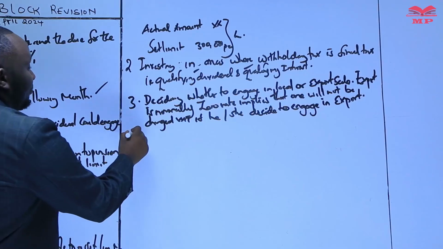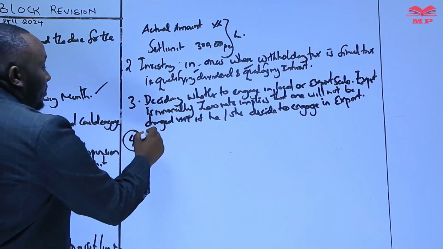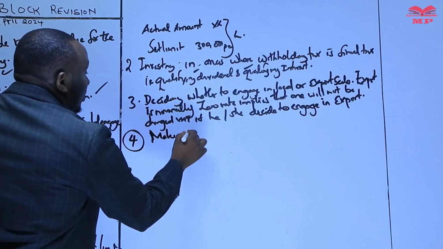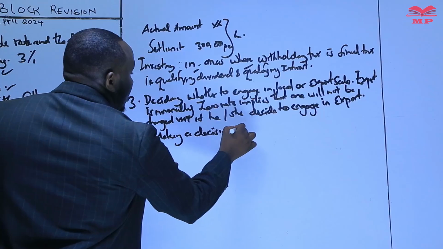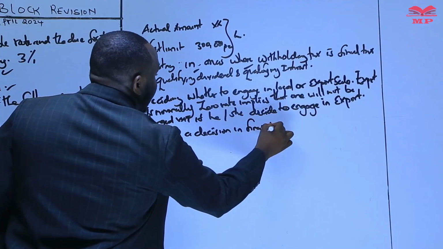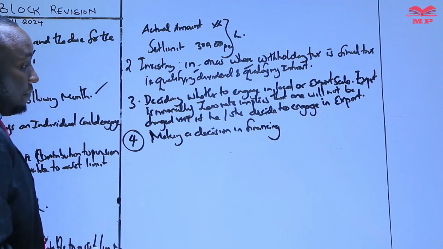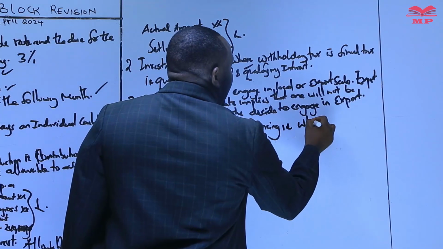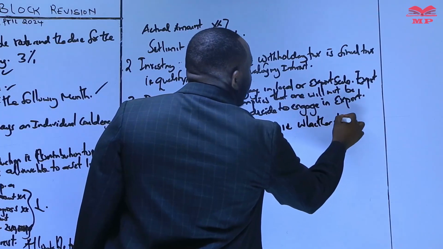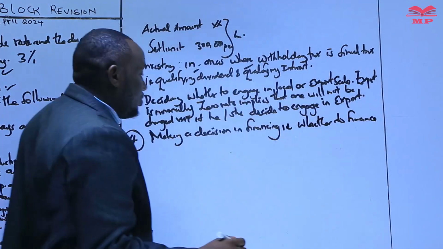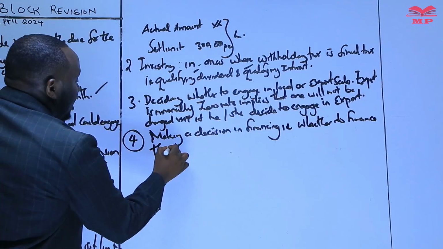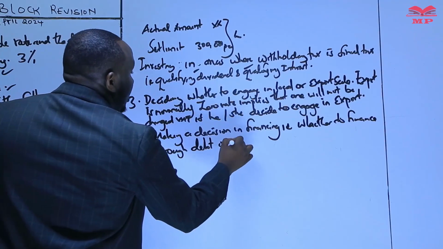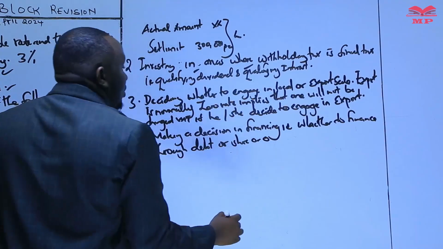Then we can have number 4, making a decision in financing, i.e., whether to finance through debt or ordinary share capital.